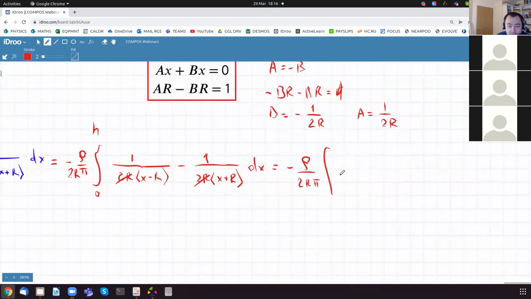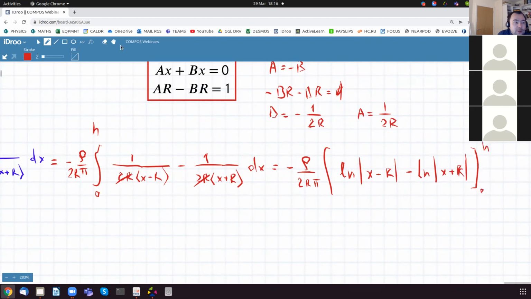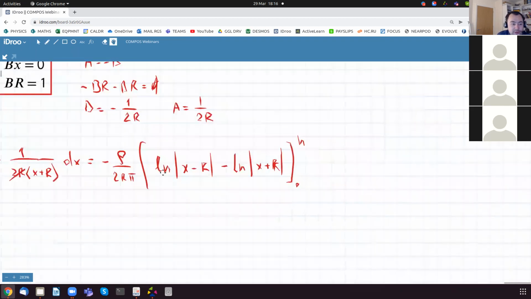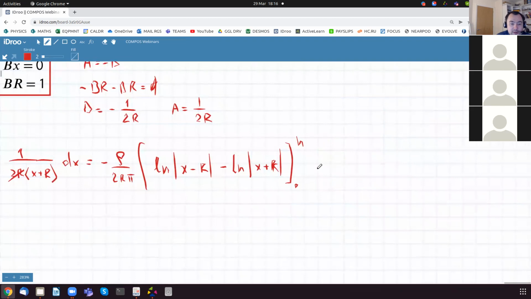It's going to be logarithm of x minus r minus logarithm x plus r, between limits 0 and h. And all we need is just to substitute.